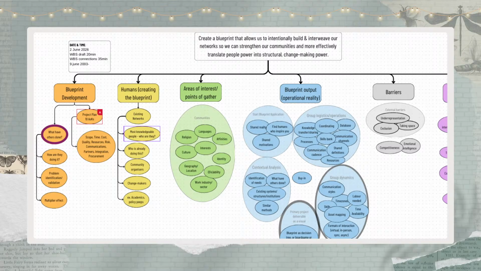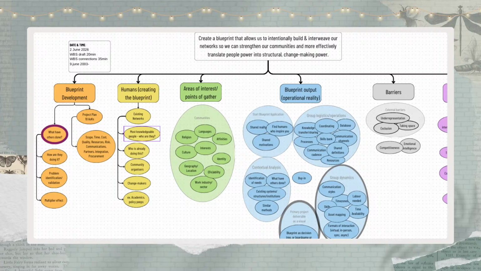Because I think the blueprint output might just be a group that is coming together, organized around, I don't know, a video game interest. And they want to organize for a particular reason. I don't think they need to consider all of the ways people in different geographies organize, and in work industry sectors, and religion.